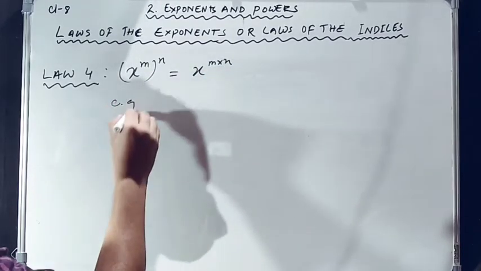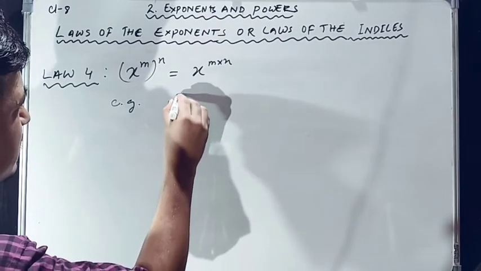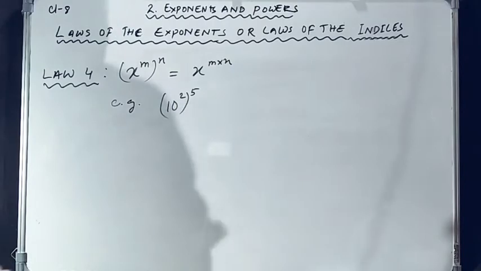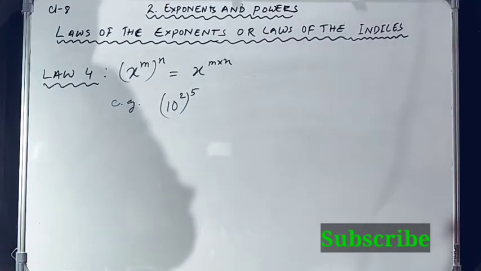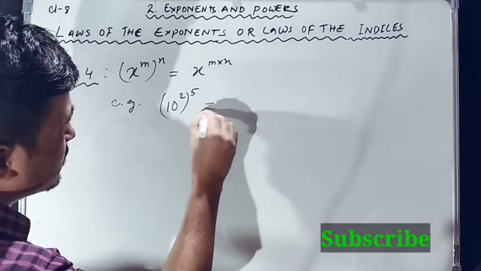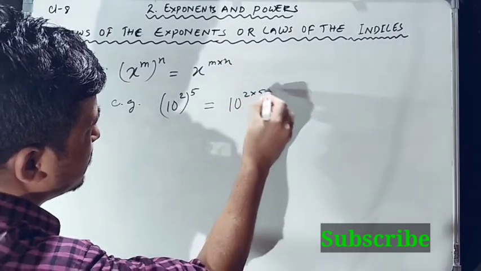So one example I will show you. Suppose here I have 10 raised to the power 2 whole 5. Suppose this is our question. Okay. Now we have to write this one in exponential form. So 10 raised to the power, simply what you have to do, you have to multiply these two powers.